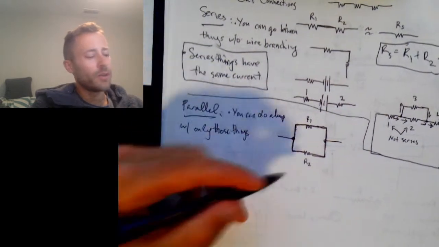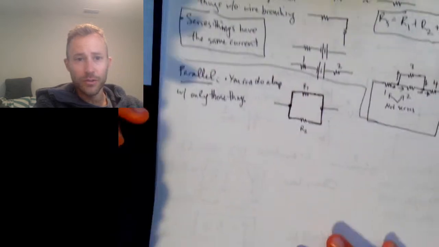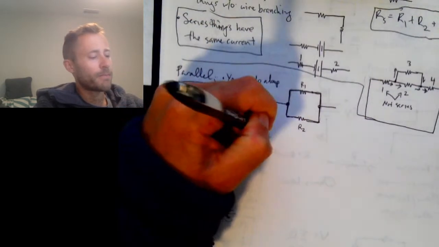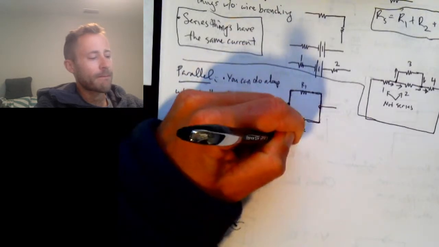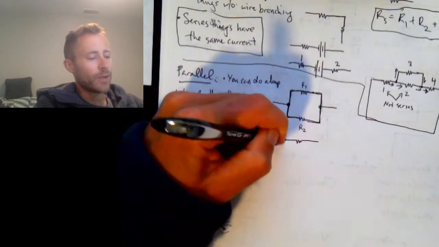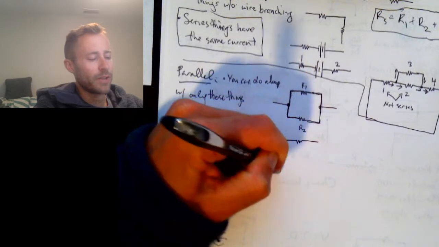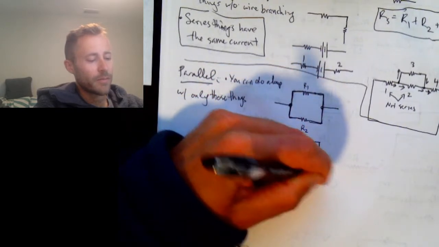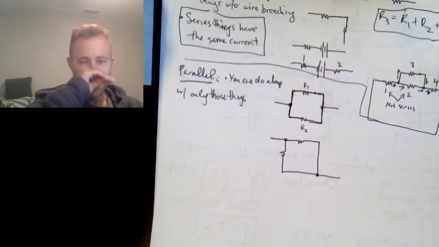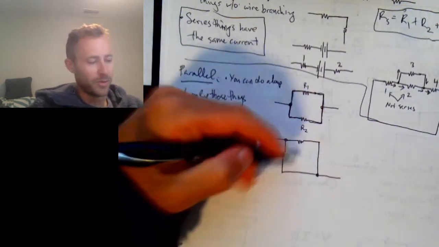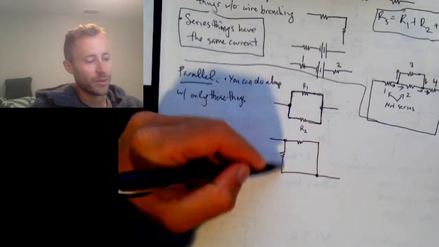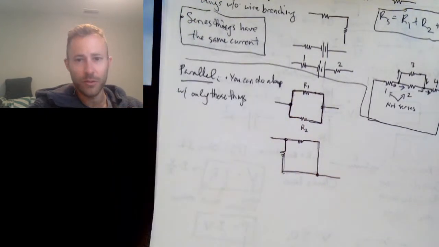Let me give you another look at two resistors that are in parallel. It has nothing to do with the orientation of the two resistors. This one's up and down, this one's side to side, but they're still in parallel because I could go around this loop and I only have those two things.